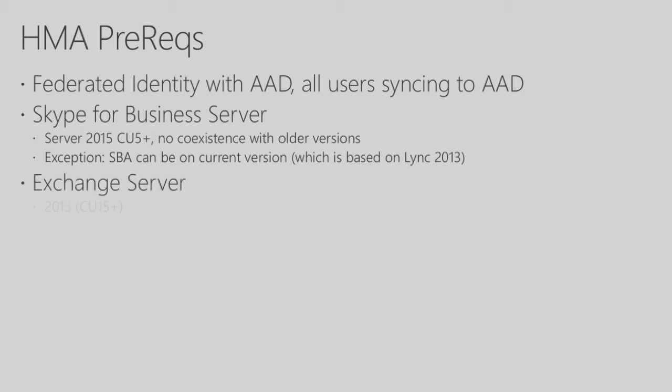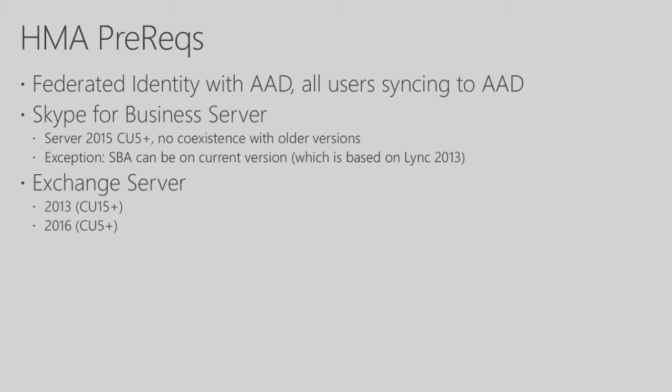Exchange. This is supported on 2013 and 2016. On 2013, you need CU15 plus. On 2016, you need CU5 plus. I think they're now on CU17 and CU7, maybe, I'm not sure.